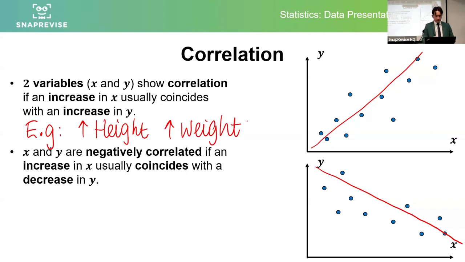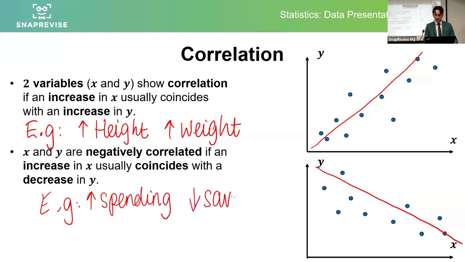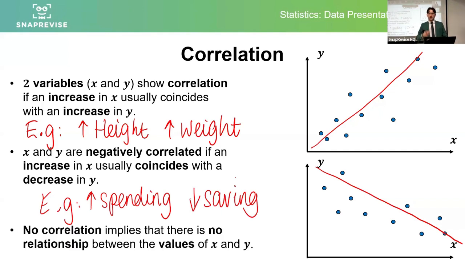So this one here might be, for example, as you increase your spending, the amount you have for saving decreases. That might be what that shows. And no correlation is if the scatter diagram's all spread out, there's no clear relationship between X and Y.